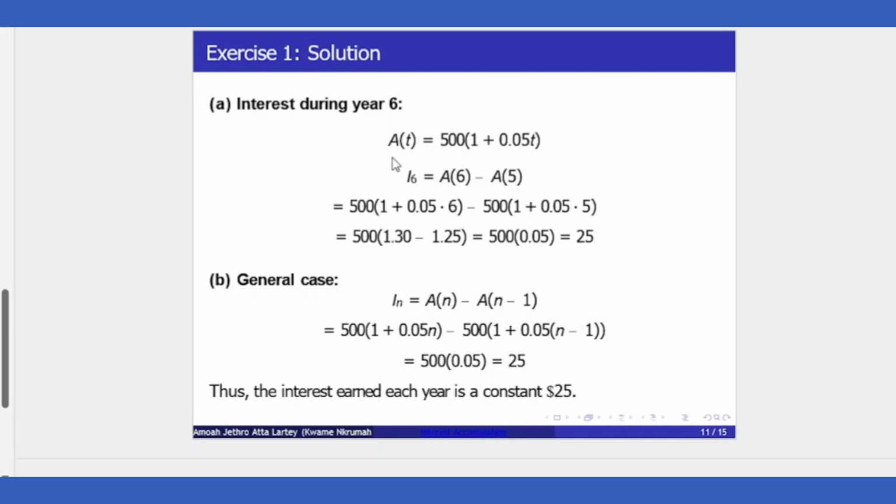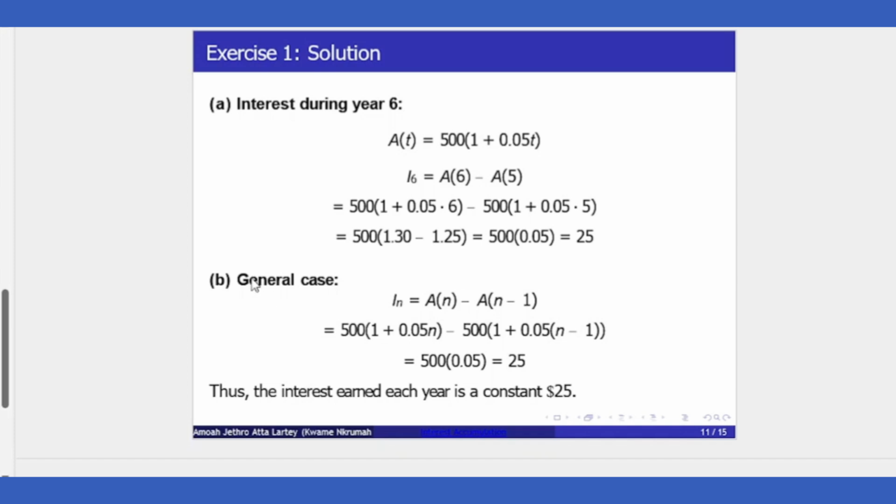This helps us find the amount at time 6 and then at time 5, and that's what we did here, right? Then subtracting, we had the interest to be 25. You solve it and punch it on your calculator to see whether it's correct.